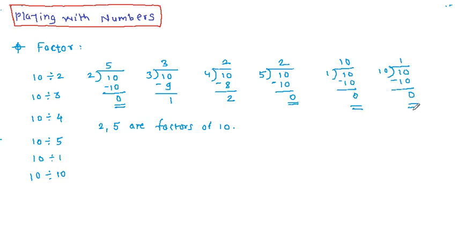So when we divide a number by a divisor and we get a remainder 0, then we say that the divisor is a factor of that number. So here 2, 5, 1 and 10 are the factors of the number 10.